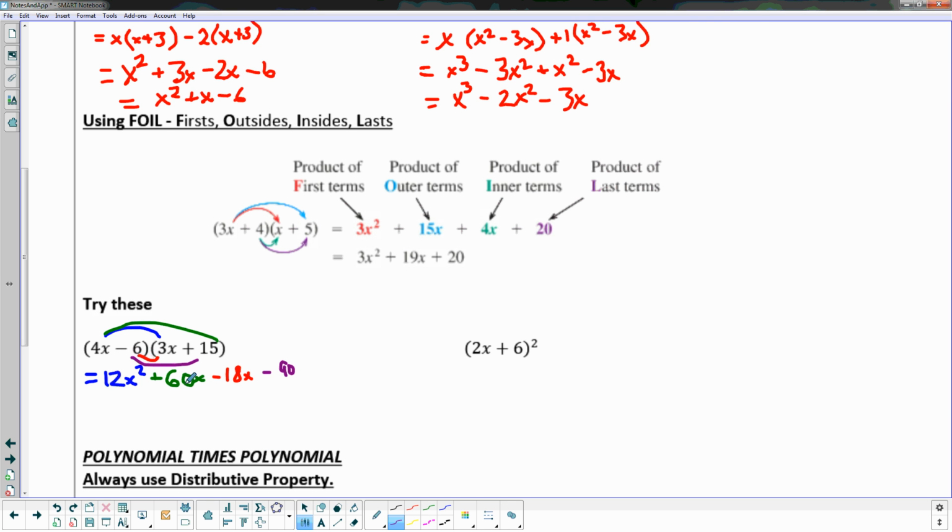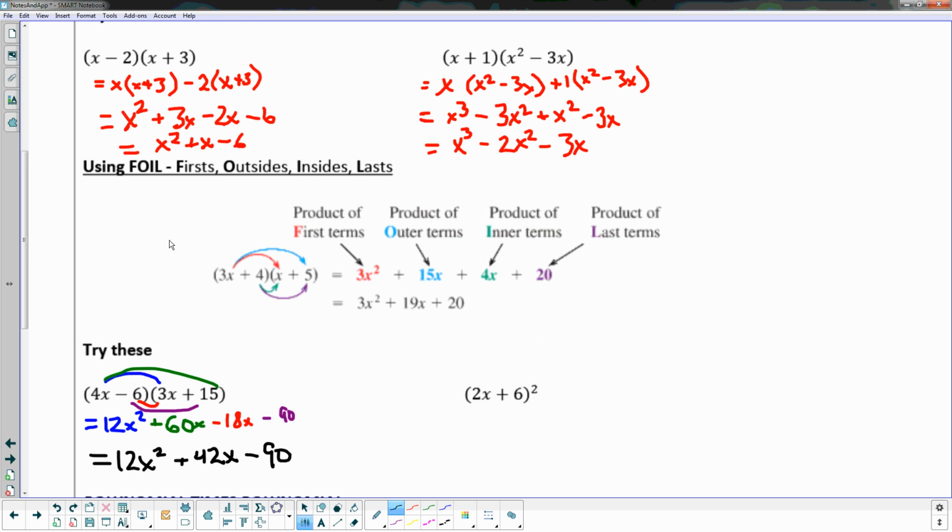Okay. Now I do have like terms here, just like before. And when I combine those like terms, I'll have my answer. So I got 12x squared. 60 minus 18 is 42. So it's a 42x. And that minus 90 just hangs around as well.